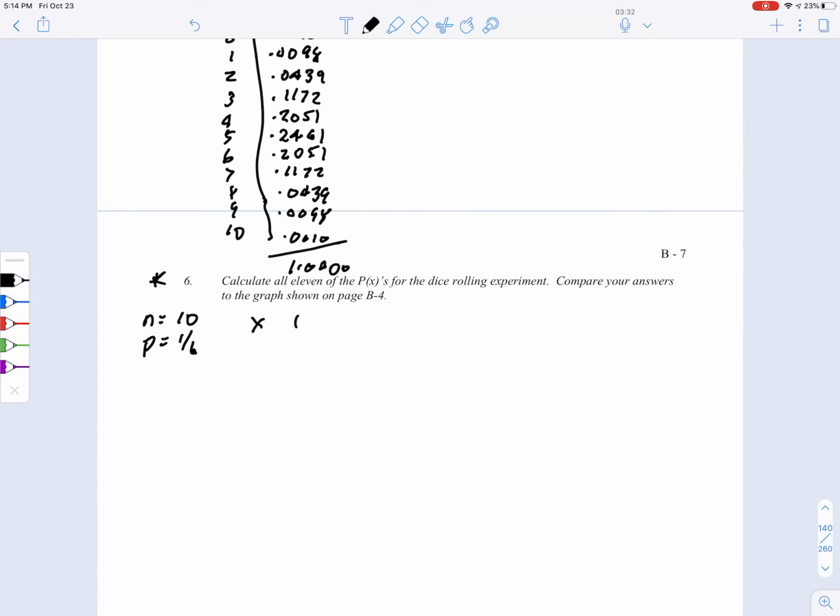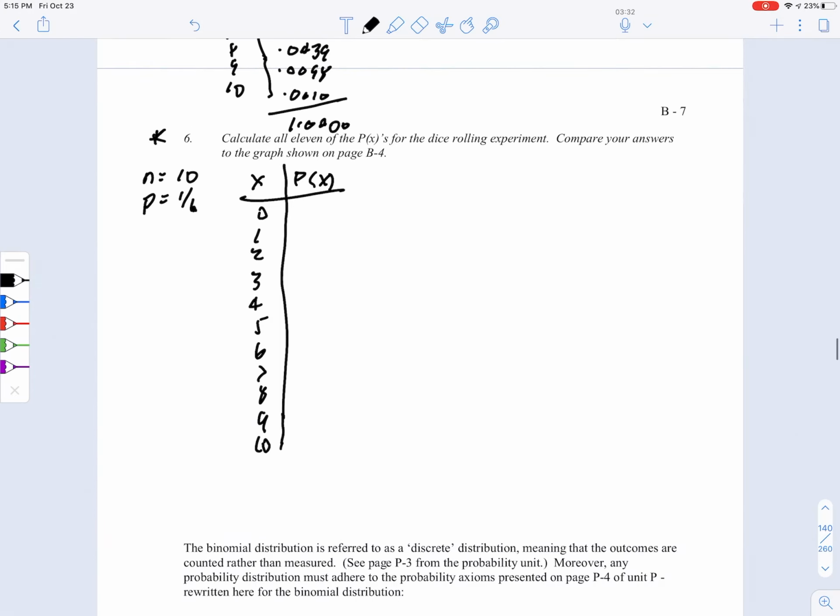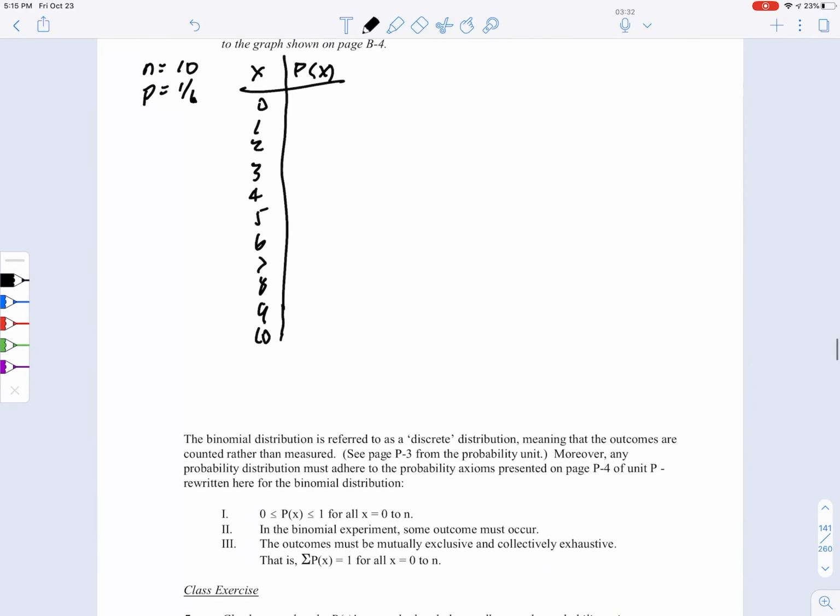You should come up with a probability chart that looks like this. And x will go, same as with the coin experiment, from 0 to 10. But the probabilities are going to be different because you've got a different p. So I'd like you to do that one for homework, and we will take that up in class.